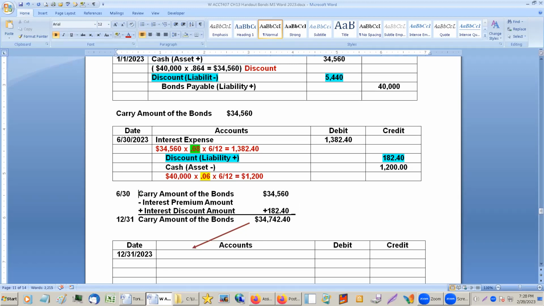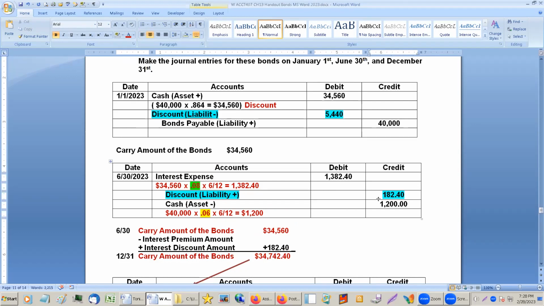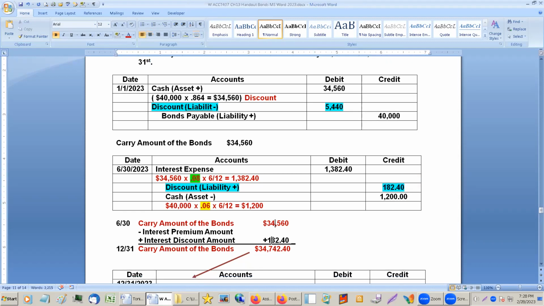So this was the carry amount of the bonds when we started. Now you'll notice it's more. Why? Because we didn't pay what they wanted to pay for interest. They wanted 1382 for interest. We only paid 1200. So they didn't forget about the 182. They're going to tack that on and say, okay, now you owe us 34,742.